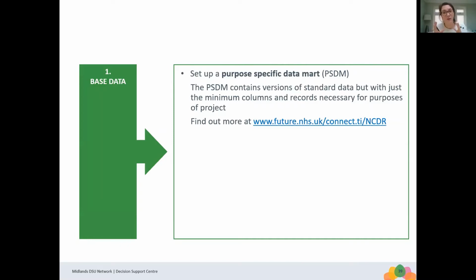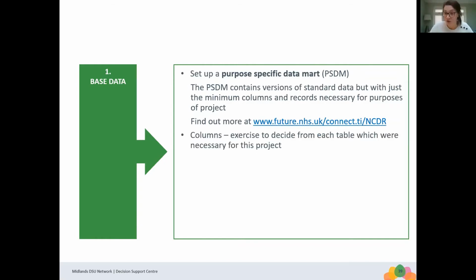Data is taken out of the main warehouse and put into a separate area. Part of the overriding principles of a PSDM is that you should only take the minimum amount of data that you need for your project. If you want to find out more about PSDMs, there's a link there as well. But the idea is it's a separate area where access is controlled and just the minimum data required is available.